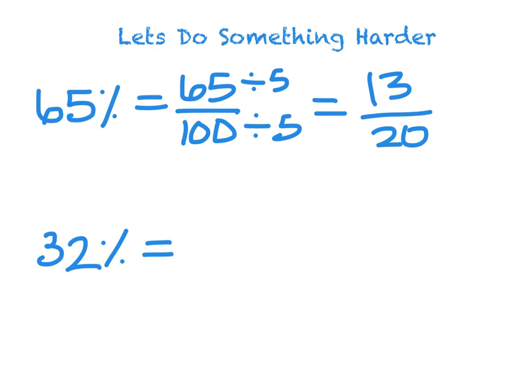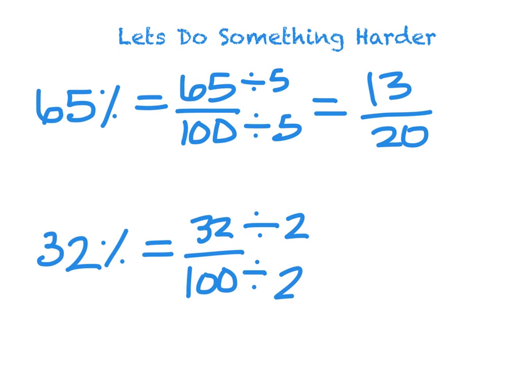Let's move on to 32%. 32% is 32 over 100. Now let's simplify this. Let's divide by 2. Here we get 16 over 50.